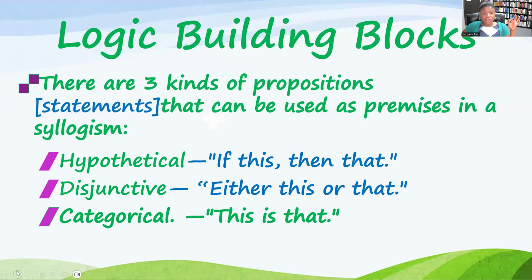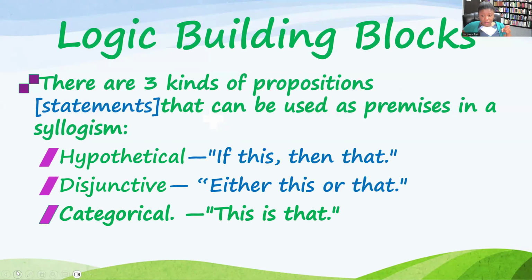These propositions are hypothetical propositions. Hypothetical propositions are if this, then that statements. Disjunctive propositions, which are either this or that statements. Categorical propositions, which we have already seen examples of, are this is that statements.